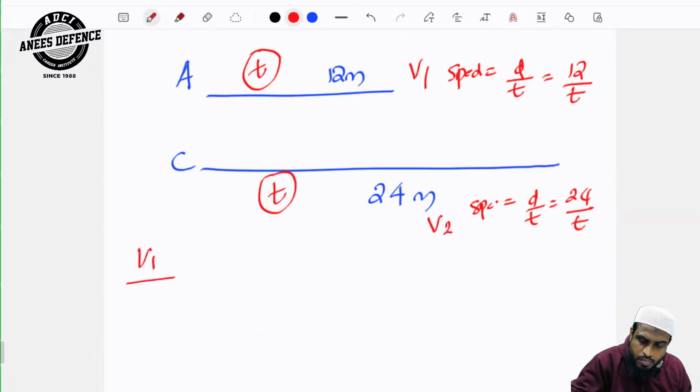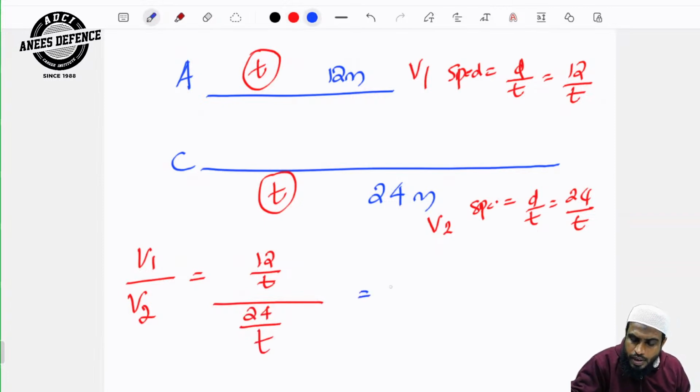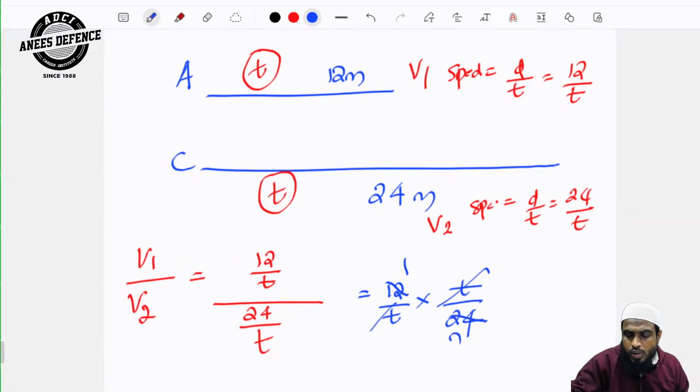So v1 by v2 equals 12 by t divided by 24 by t. You can take the reciprocal and multiply 12 by t into t by 24. So t cancels, 12 into 1, 12 into 2. So the answer will be 1 is to 2.